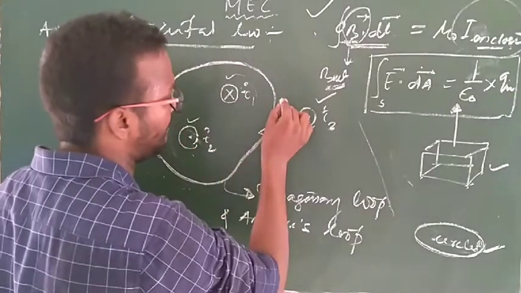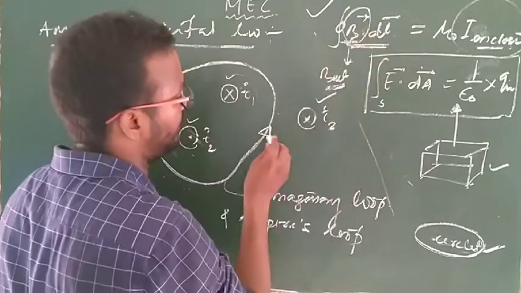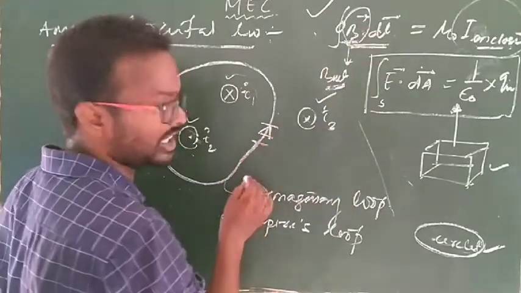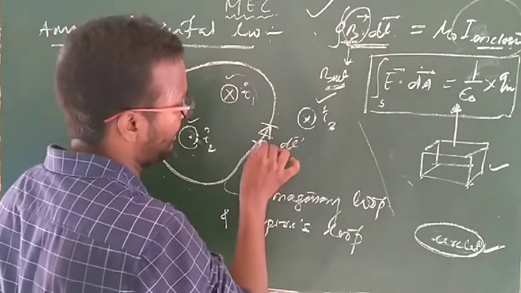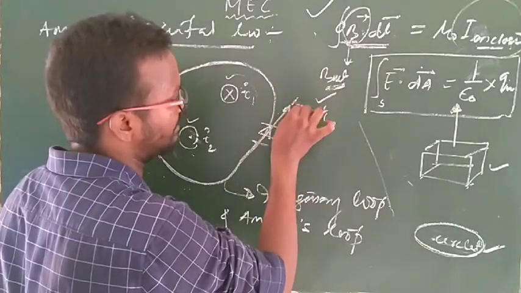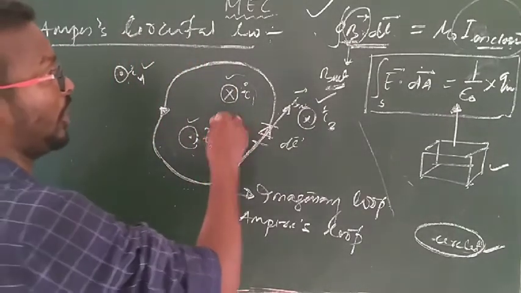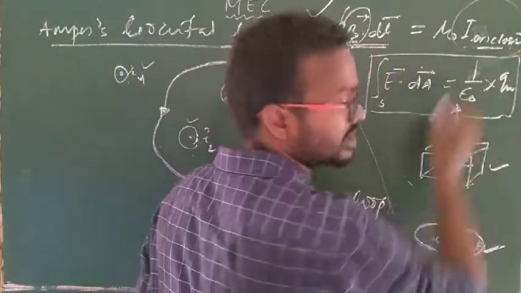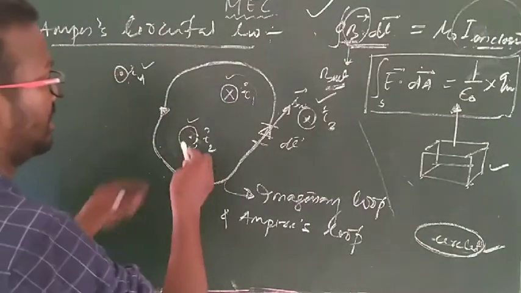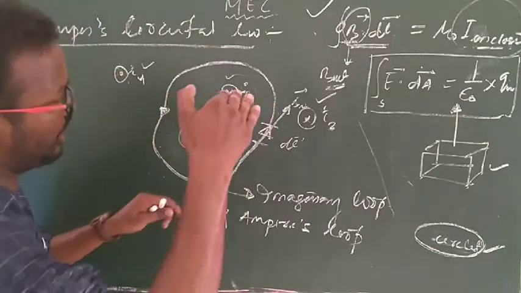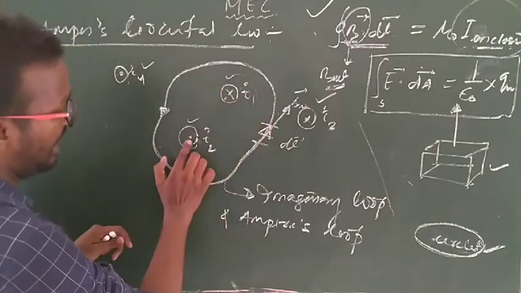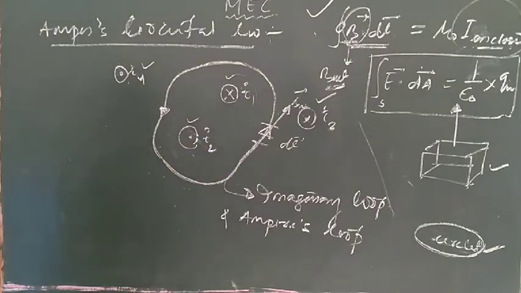Suppose this is the direction of the net magnetic field B net. If you choose a small element dl in this direction, then what is the direction of I enclosed? I enclosed means I1, which is inward direction, and I2, which is outward direction.